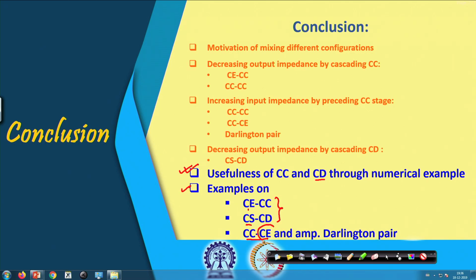Rather, this CE stage is the main amplifier, preceded by the common collector stage, or equivalently you can say a Darlington pair put in an amplifier configuration, and there we have seen that input resistance is getting enhanced. Not only did input resistance increase, but the input capacitance also decreased.